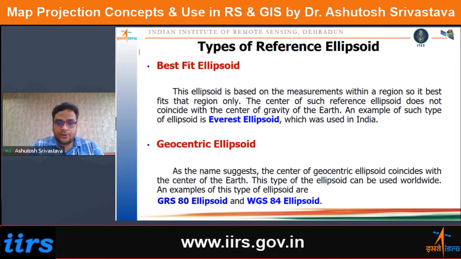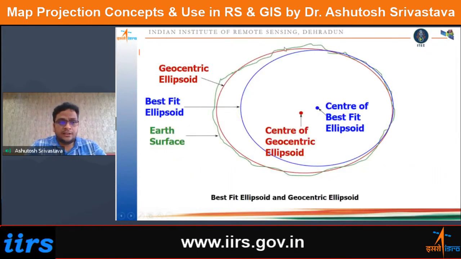The geocentric ellipsoid, as the name suggests, has its center coinciding with the center of the Earth. This type of ellipsoid can be used worldwide. Examples are GRS 80 and WGS 84. In this figure, the red one is geocentric, meaning its center coincides with the center of the Earth, and the green one is the Earth surface.